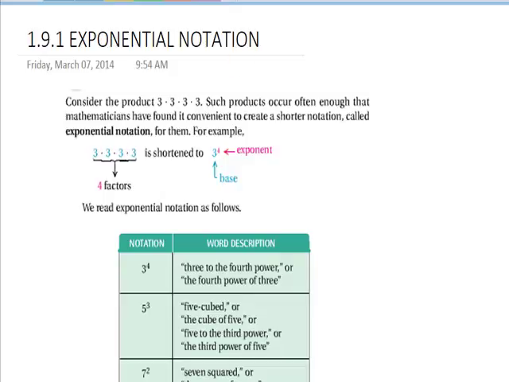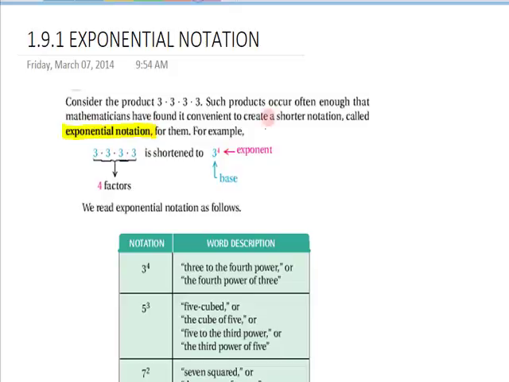If we repeat multiplication of the same number over and over, for instance, if we have 3 times 3 times 3 times 3, we have 4 factors that are all 3, we can write it in what's called exponential notation.